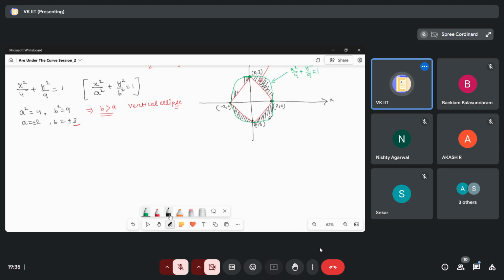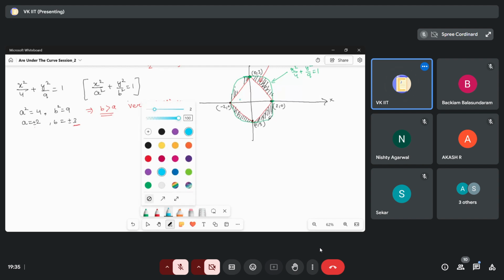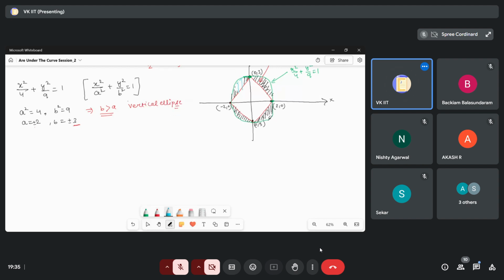I'll draw it with a different color. Again, this is having dx width, and this is y up and this is y down. So what is the answer for this first one?